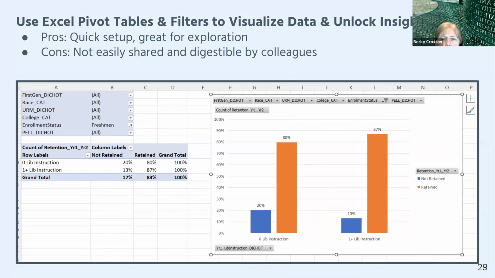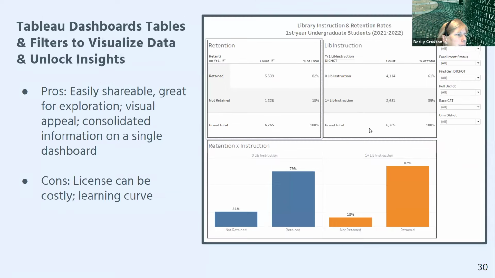So we're going to try to tackle that today using both Excel, using pivot tables and filters to visualize data and unlock insights. We use our pivot tables to summarize data, but we can use them in different ways too. The pros are quick setup and great for exploration. Most people have Excel. The con is it's not quite as easily shared and digestible by others as, for example, Tableau is.